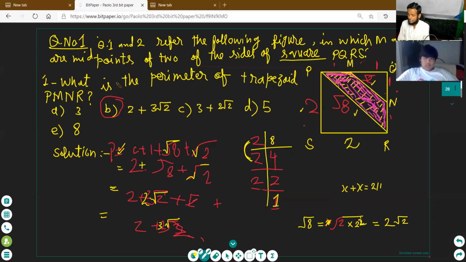We do prime factorization, and we can also write 2 raised to power 3, but we will write it as 2 raised to power 2 into 2 because we want to simplify. 2 raised to power 2, the power will be cancelled out and this will come out. This 2 has no power, so it will remain inside. Clear or not clear, Paulo? Okay, clear.